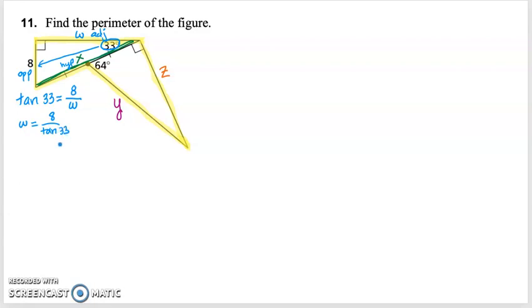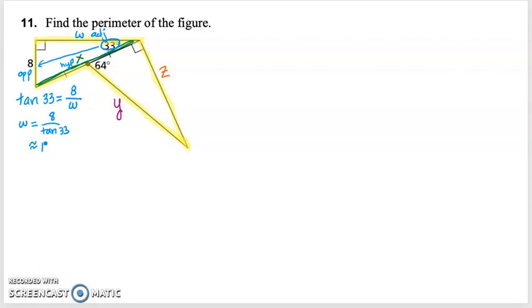I'm not going to do it on the screen because that takes more time, so I'm just going to do it on my calculator down here. So if I do 8 divided by tangent of 33, that gives me about 12.318, so I'm going to go with the hundredths place, and I'm going to say that's about 12.32.